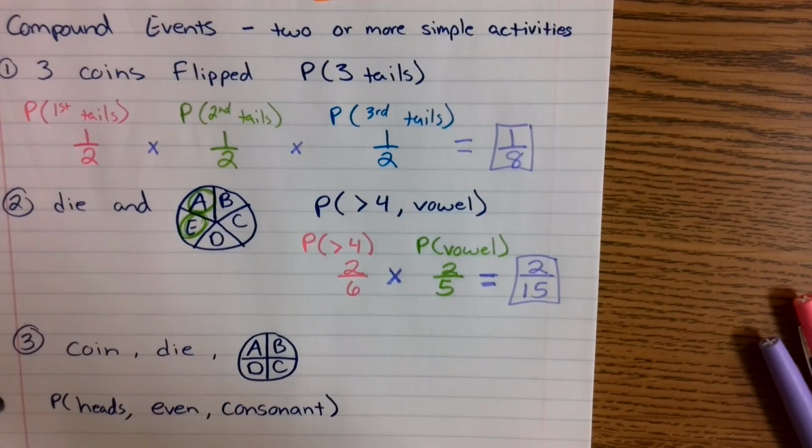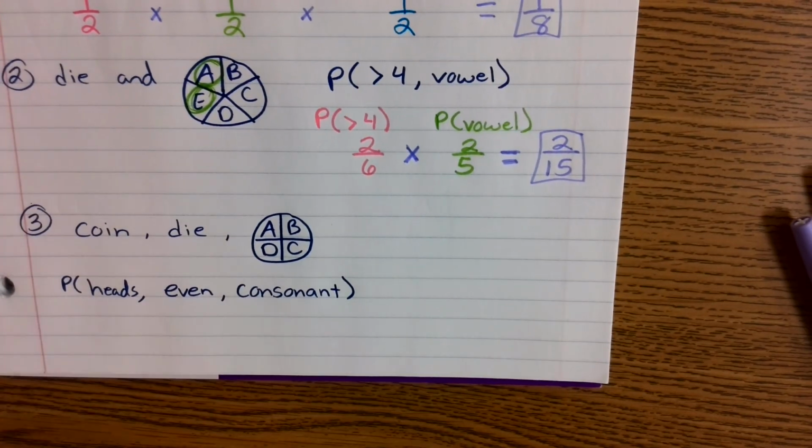Go ahead and do this one on your own. Heads, even, consonant. Consonants are non-vowels, so all the letters that are not vowels: B, C, D, F, G, and so on and so forth.